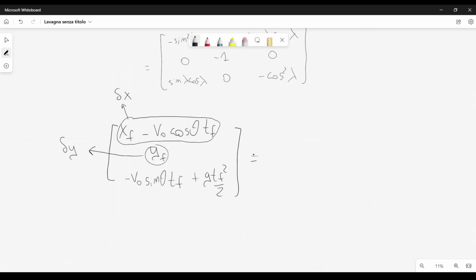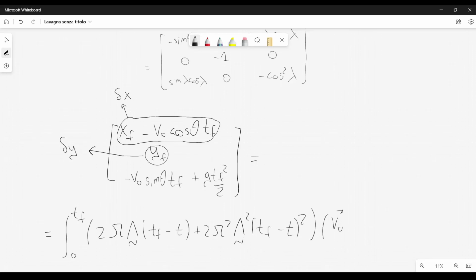Now, we have to calculate an integral. Let me do it below. That's equal to integral from 0 to tf, and I'm going to rewrite the integral like this. So here, everything stays the same. I have 2 omega lambda tf minus t plus 2 omega squared lambda squared tf minus t squared times v0, and then I will rewrite gt as plus gtf minus gtf minus t.